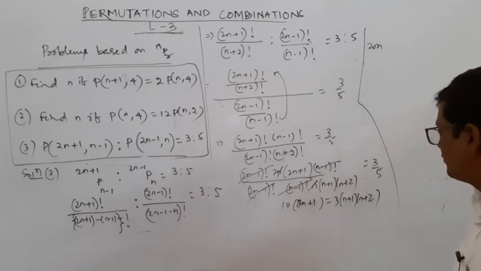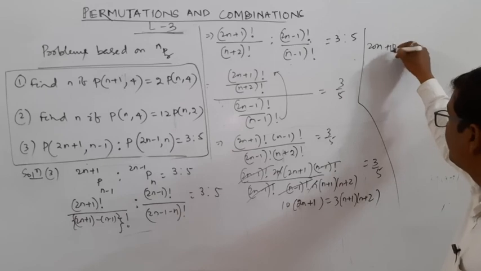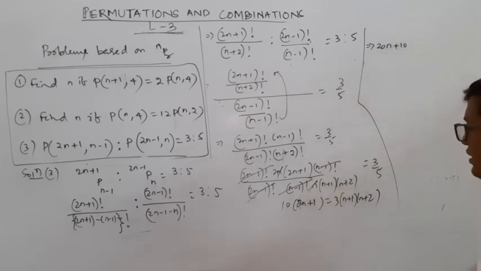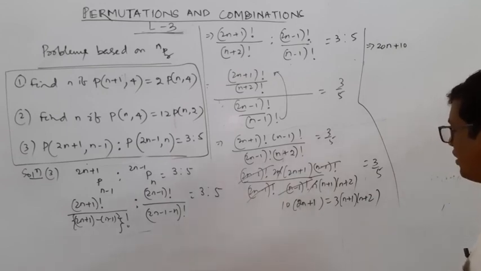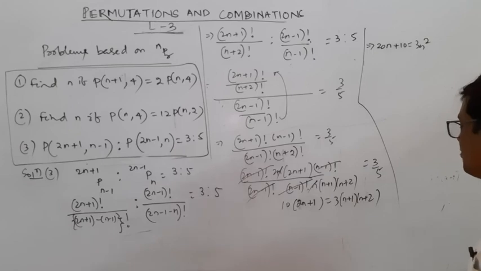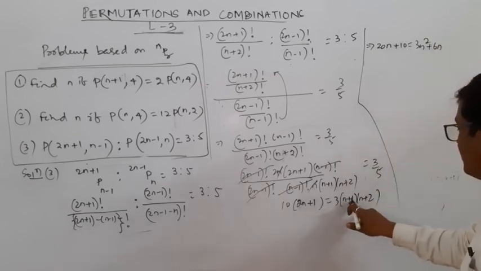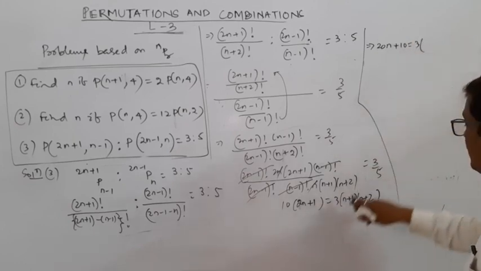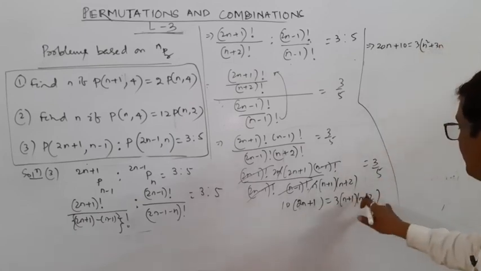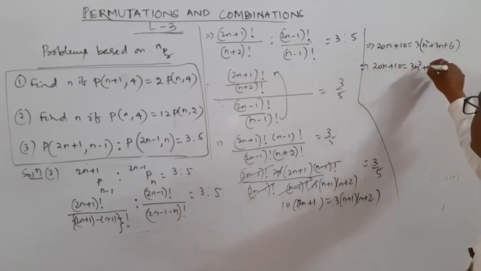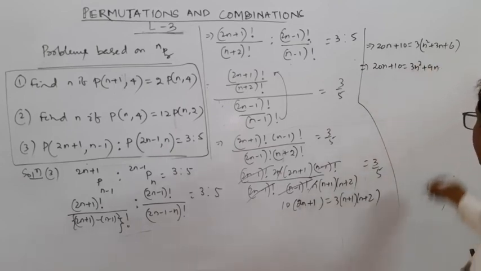20n plus 10 is equal to 3 into (n+1)(n+2), that is 3 into n square plus 3n plus 2, that is 3n square plus 9n plus 18. So 20n plus 10 is equal to 3n square plus 9n plus 18.